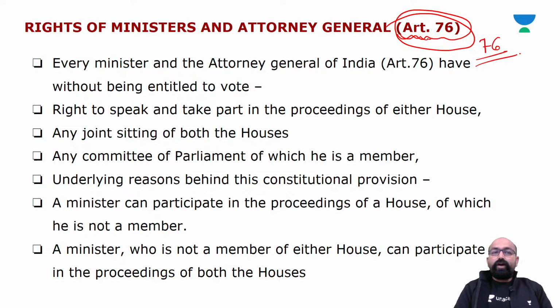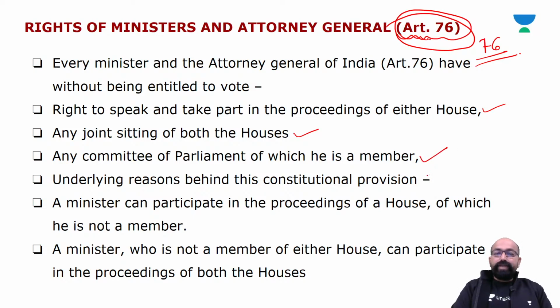First, every minister and Attorney General of India have, without being entitled to vote, the right to speak and take part in the proceedings of either house, any joint sitting of the houses, and any committee of Parliament of which he is a member.